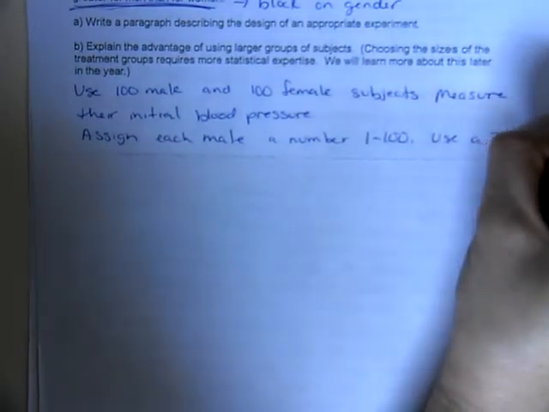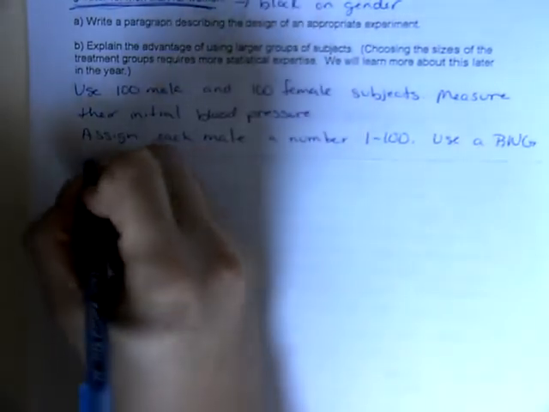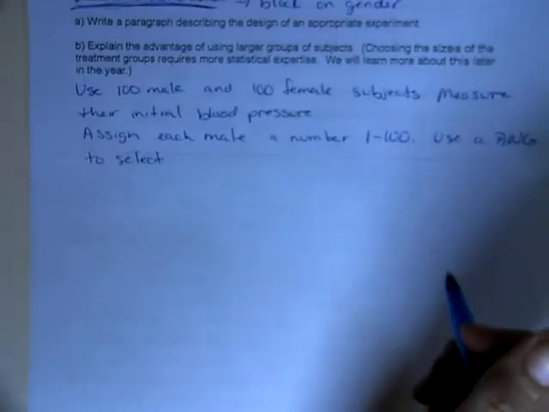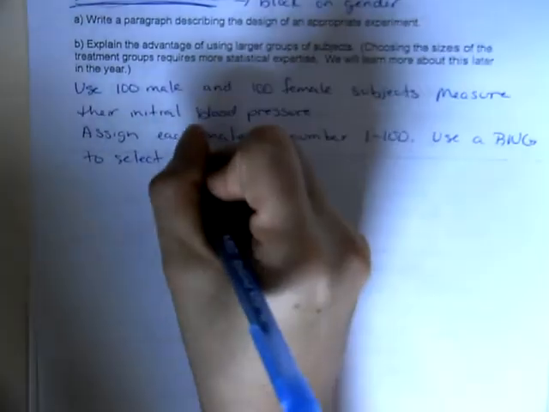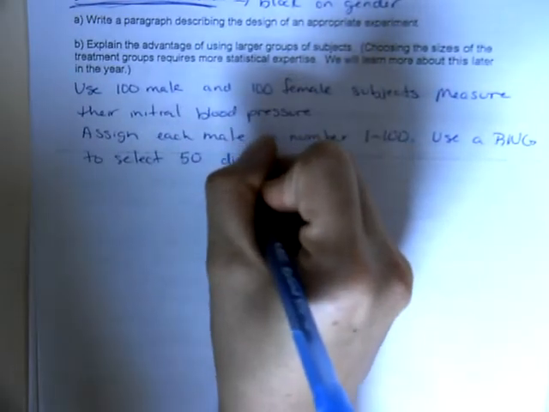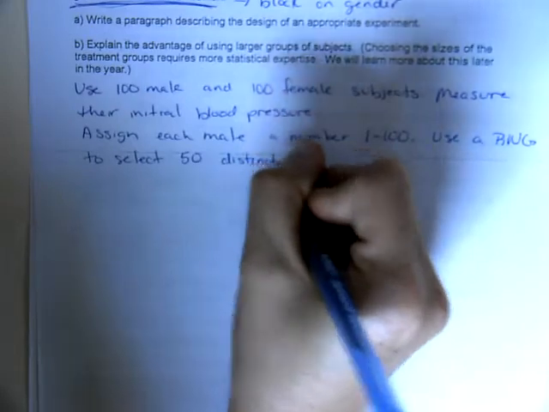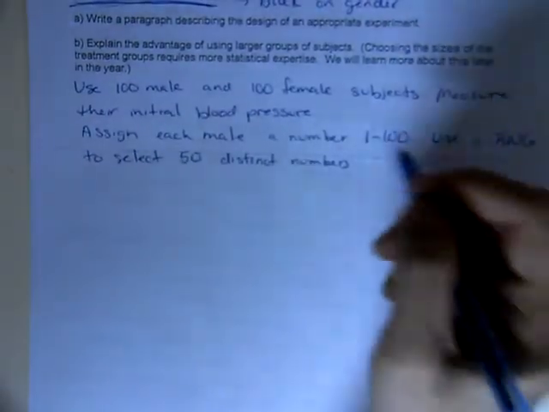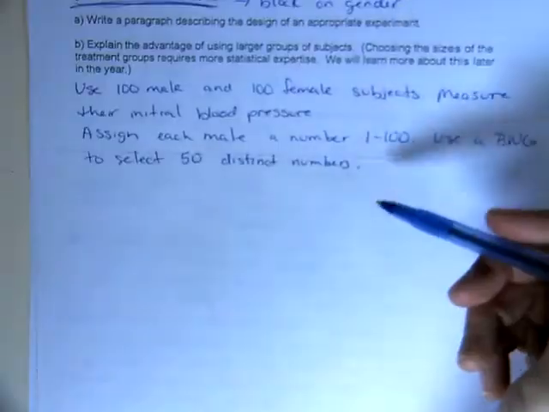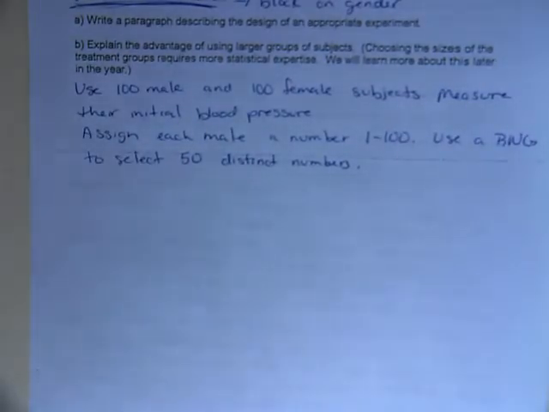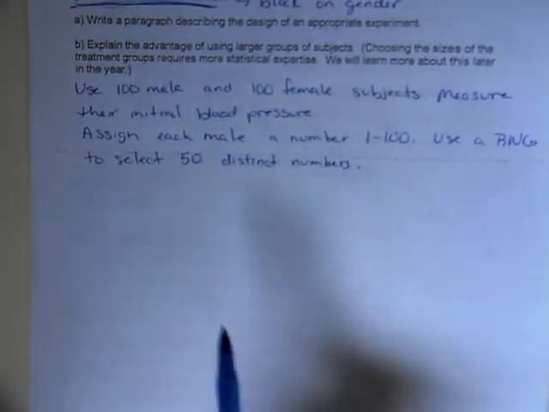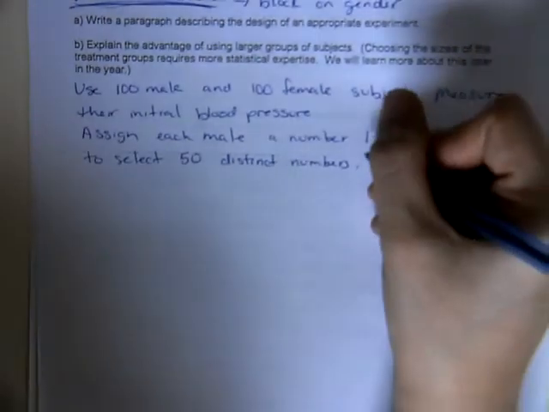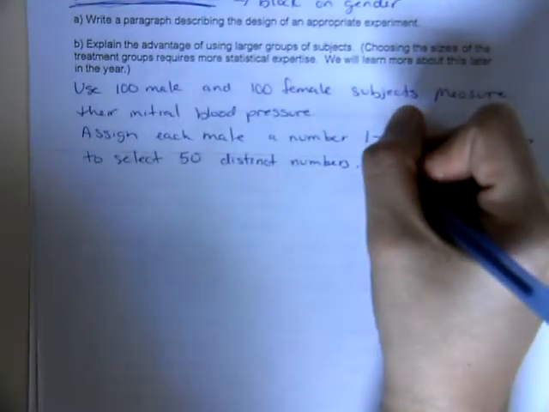Use a random number generator to select. Now, if you don't want to ignore repeats, some students will do 50 distinct numbers. I hope I spelled distinct right. That distinct part basically means you're ignoring repeats. So that's one way to do it if you wanted to not write ignore repeats, because that's where people end up missing points. So that's another option.